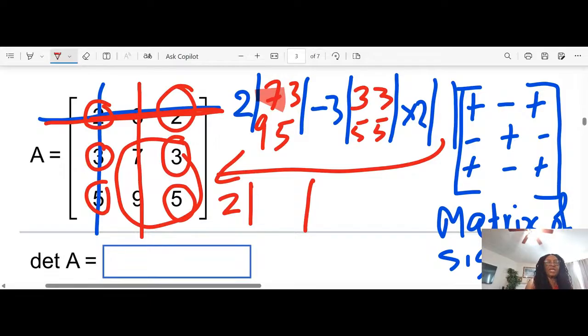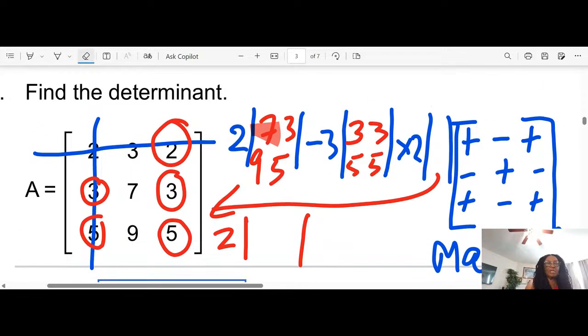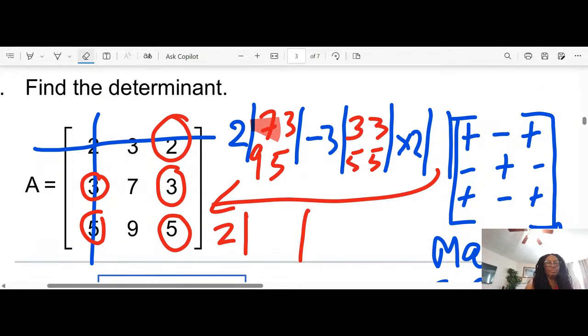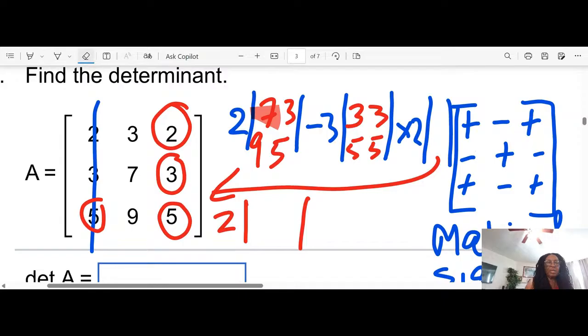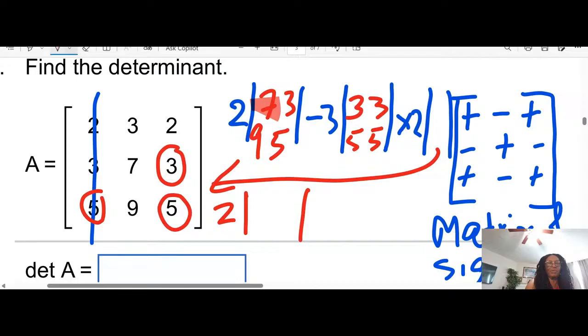Let me see if I can clean up. So this is 2 here, and I have the vertical arrow and horizontal arrow.